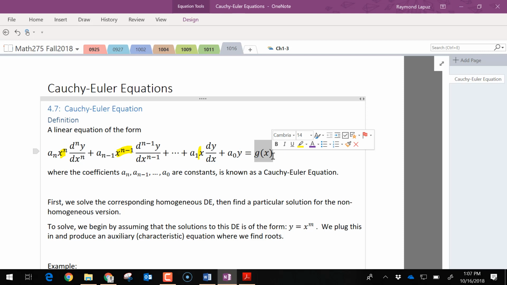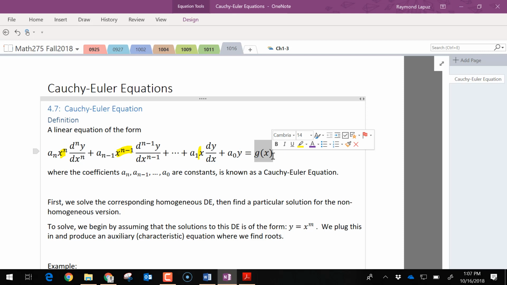Okay. Now, when we first did the higher order linear differential equations with constant coefficients, we said let our solution be y equals e to the m times x. For the Cauchy-Euler equations, we're going to assume our solution is a little bit different.